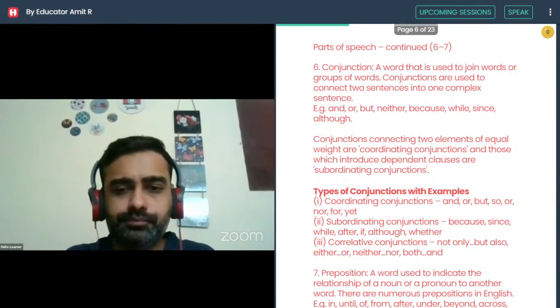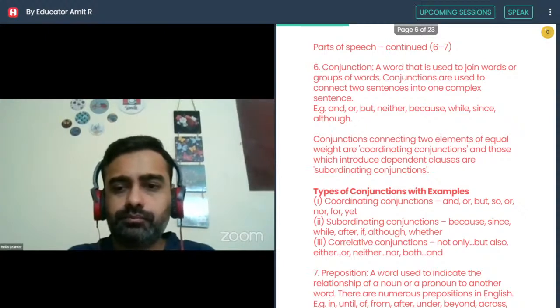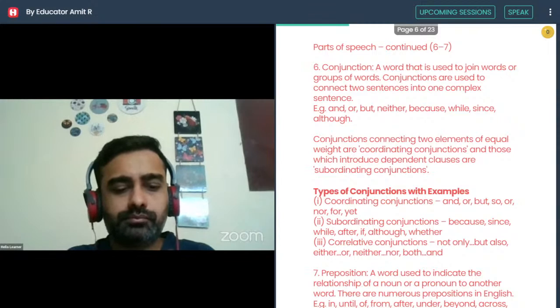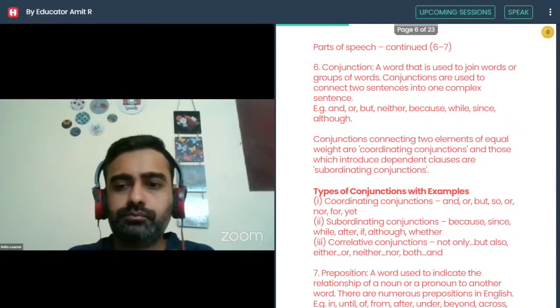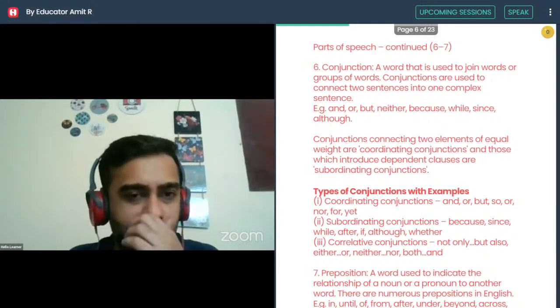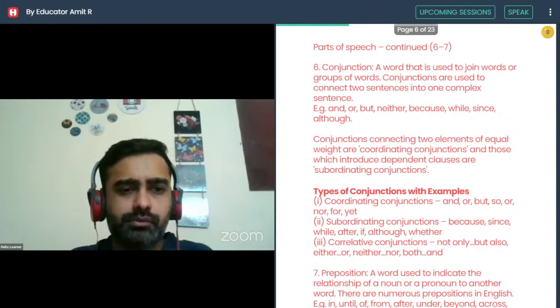Examples: and, or, but, neither, because, while, since, also. Conjunctions connecting two elements of equal weight are coordinating conjunctions, and those which introduce dependent clauses are subordinating. Subordinating conjunction.